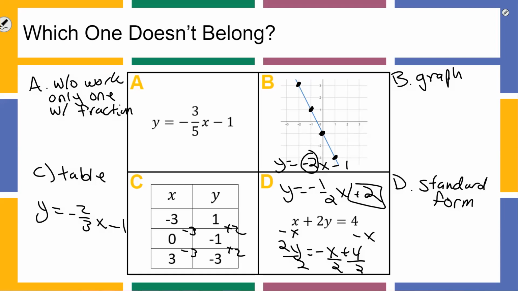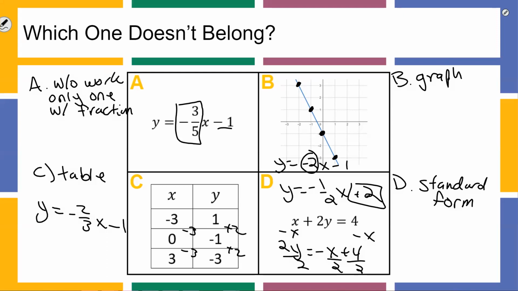If I said there's something with A's equation that can make this not belong, what would that be? Only one without a two in it.